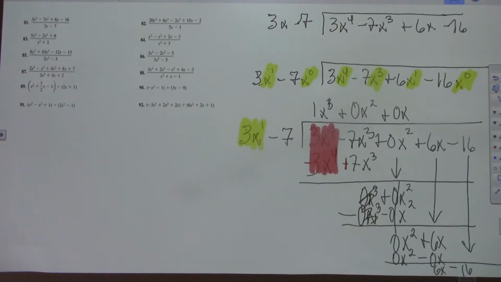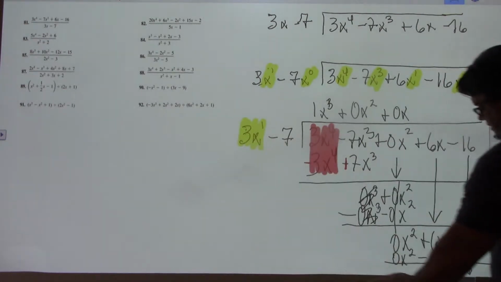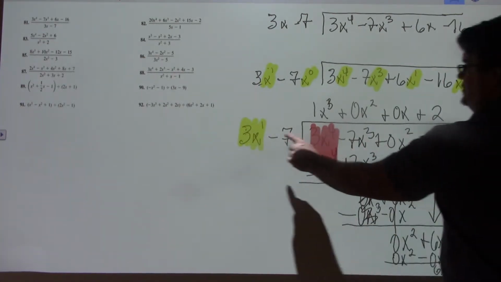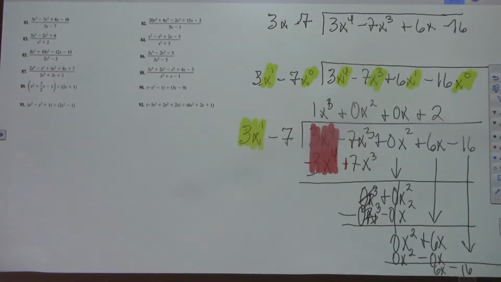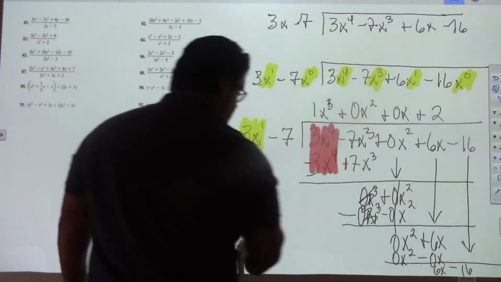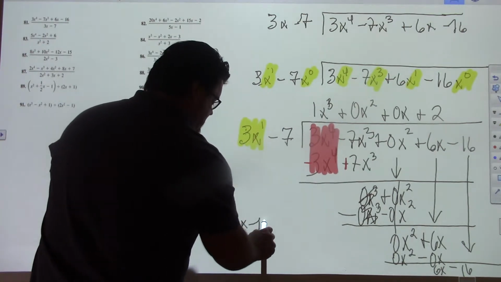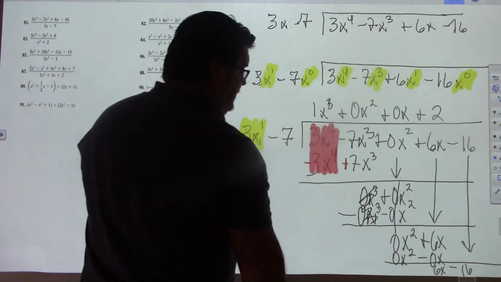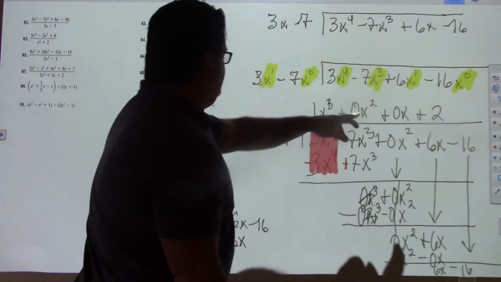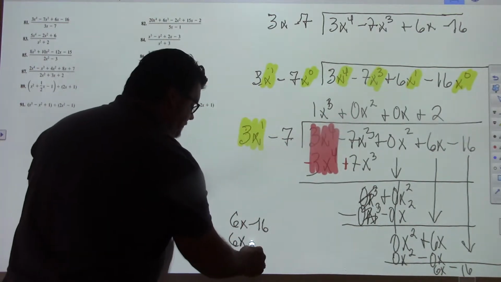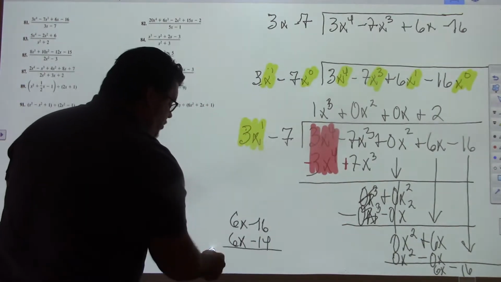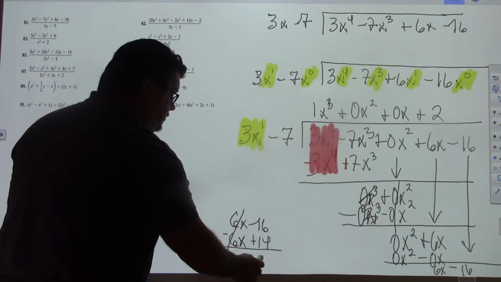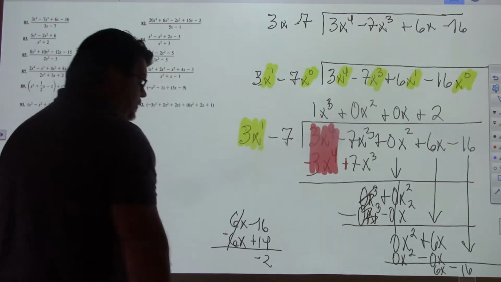And how many times will 3x go into 6x? 2 times. 2 times 3x is 6x. 6x minus 16. And 2 times negative 7 is negative 14. You always subtract. So negative 16 plus 14 is negative 2.